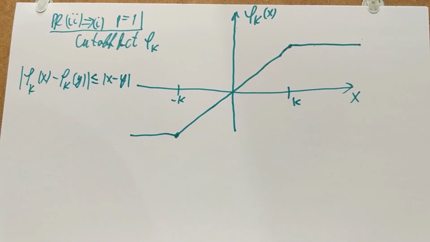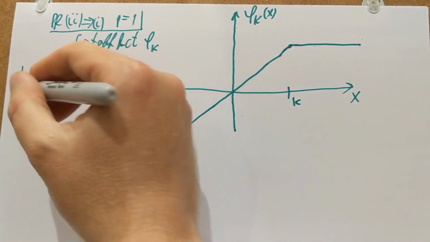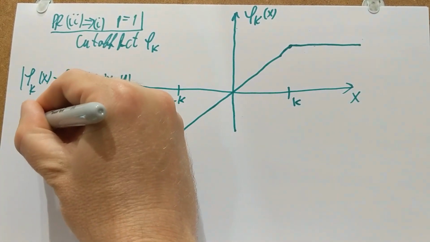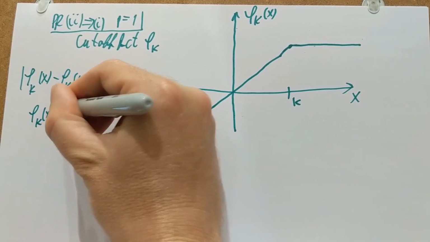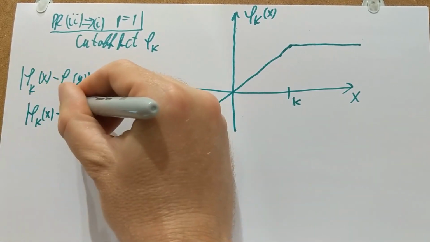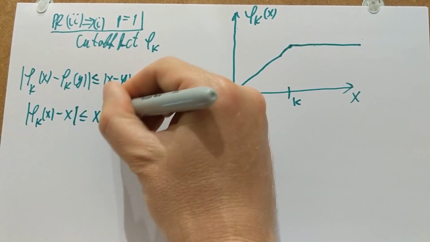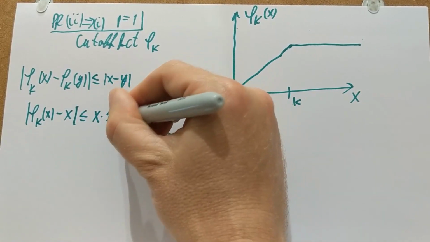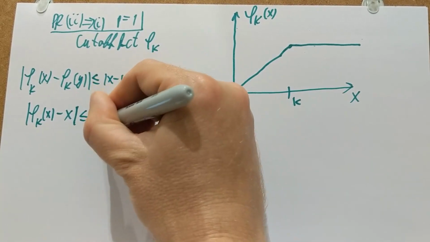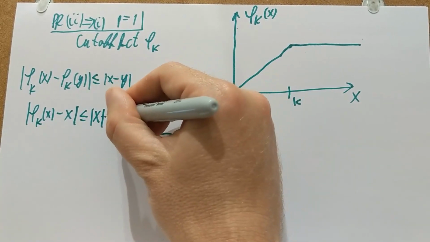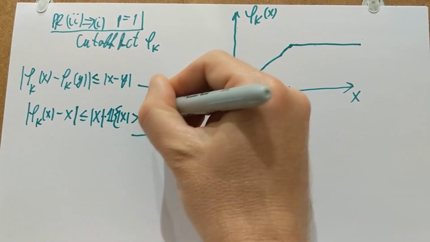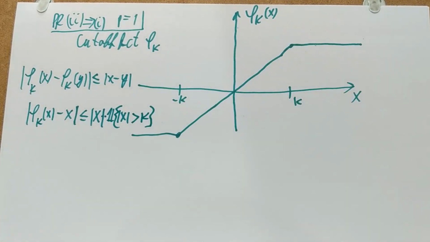The second observation I want to make is that phi k of x minus x in modulus is bounded by the modulus of x times the indicator that the modulus of x is larger than k. Okay, that's another simple observation.